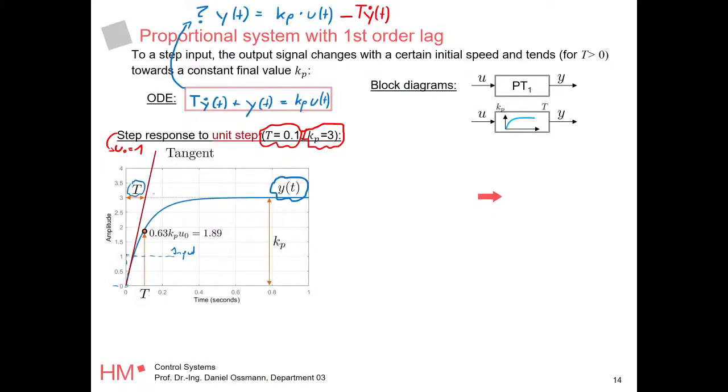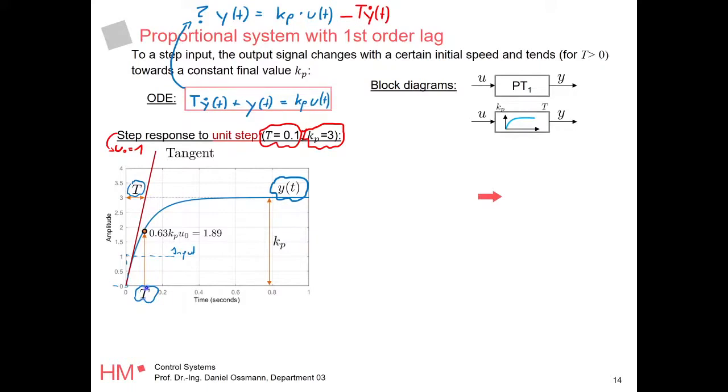So there are two ways to get to this time constant. You can look at this response, put in the tangent, and where the tangent cuts the final value, in this case 3, you look at the x-axis, and there's your time.